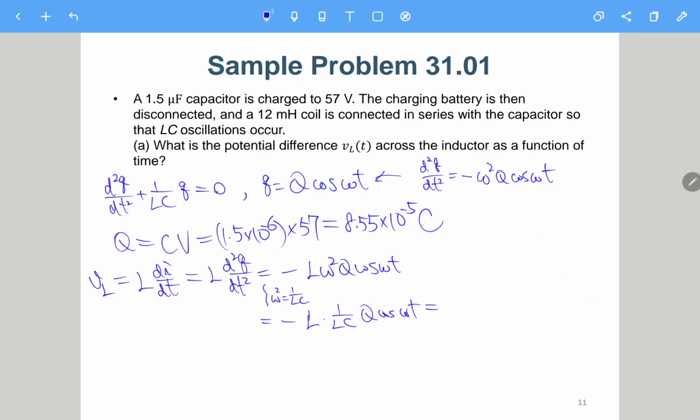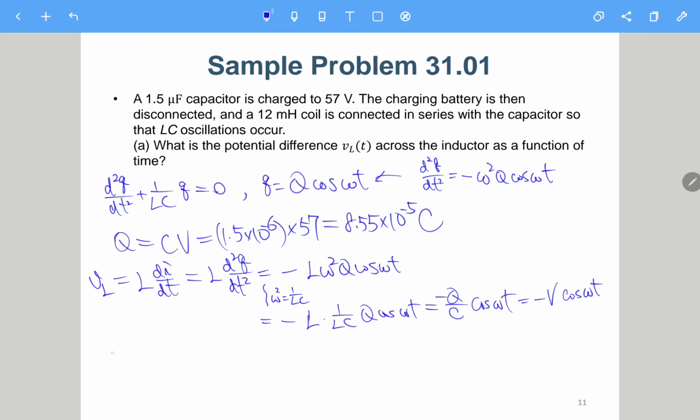L and L can be cancelled. We have q over C negative cosine omega t, and q over C is nothing but V, because q equals CV. So negative V cosine of omega t.